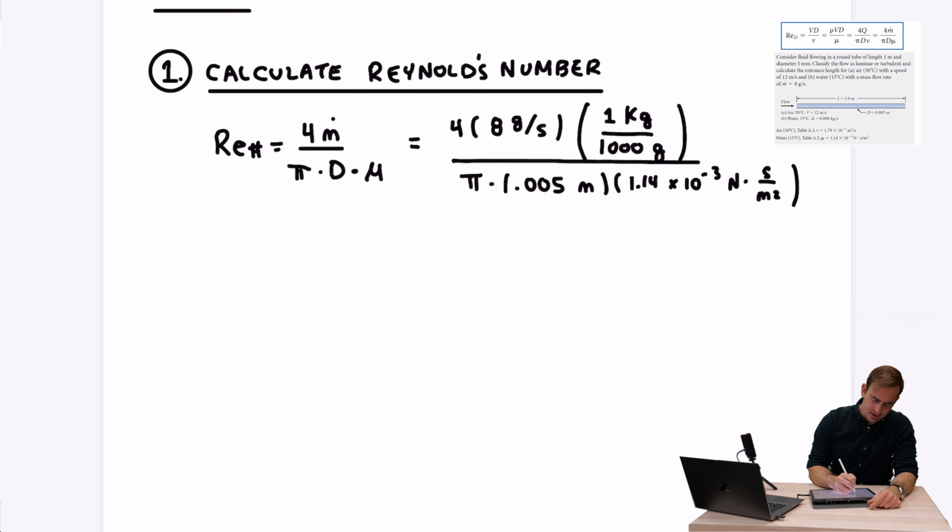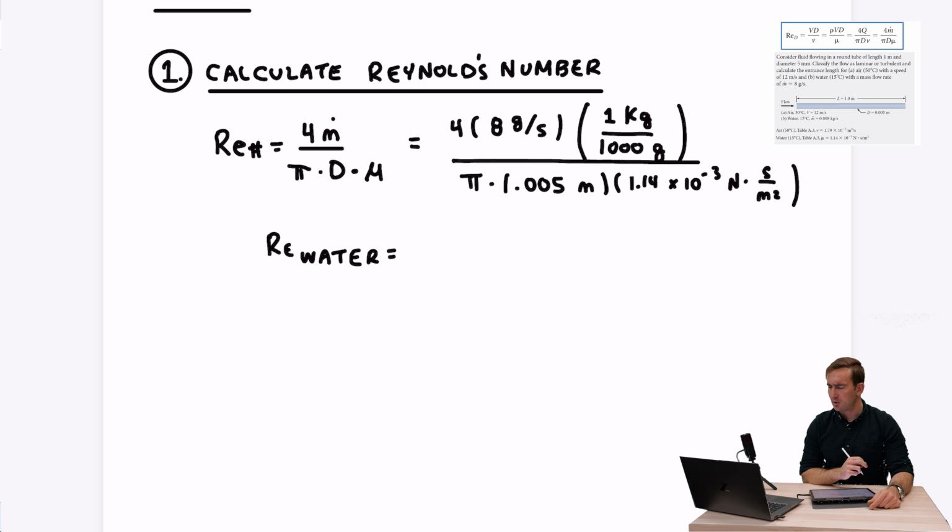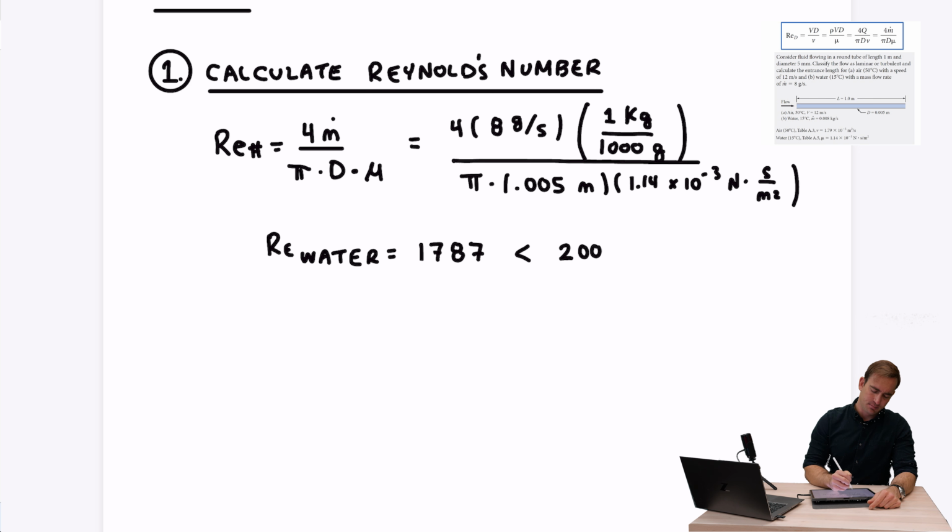So what we get for Reynolds number here for our water is 1,787, which is actually less than our threshold of 2,000, so that means that our flow is laminar.